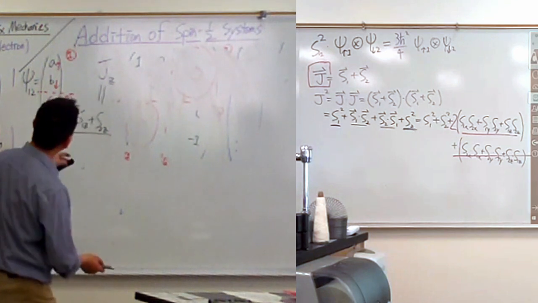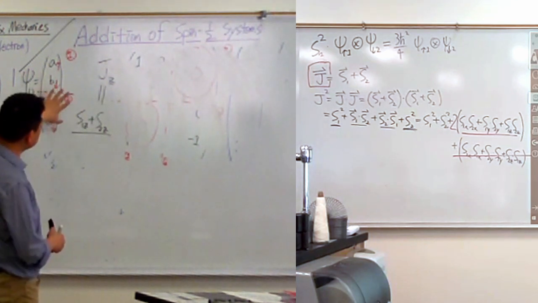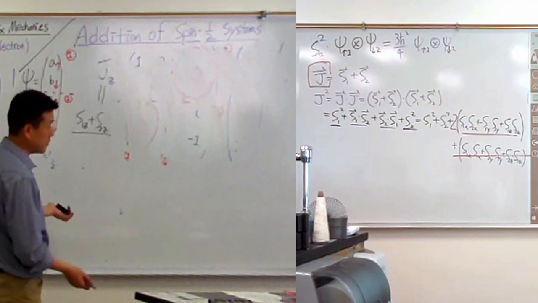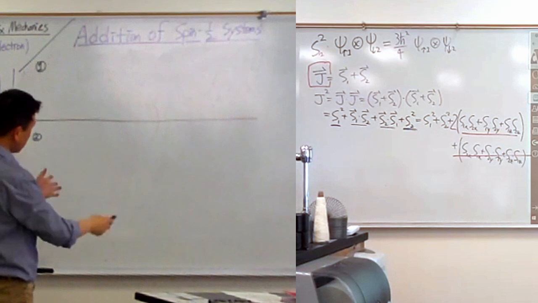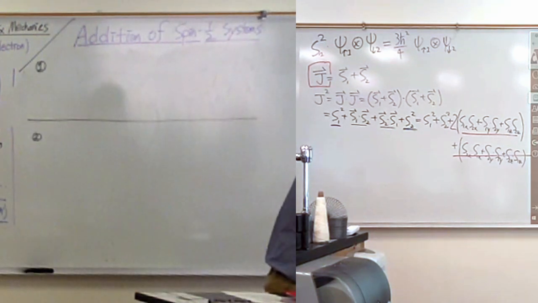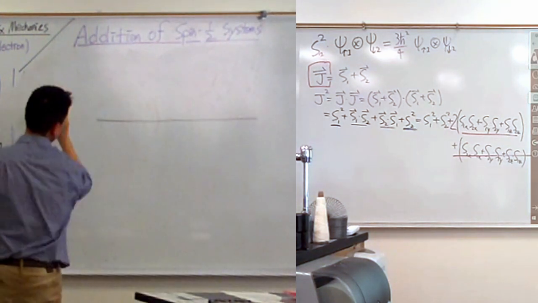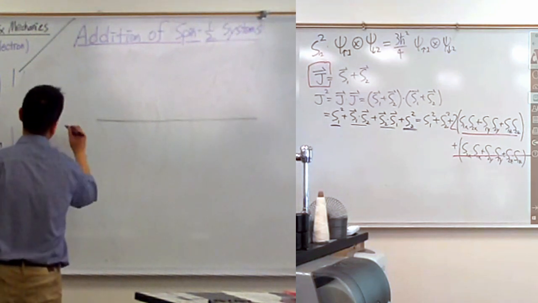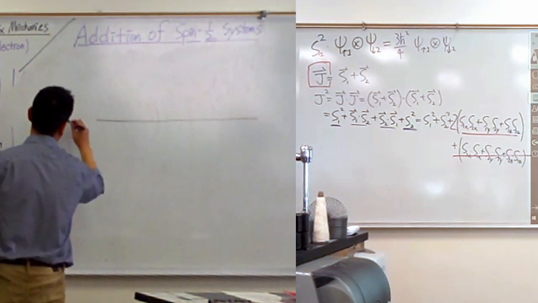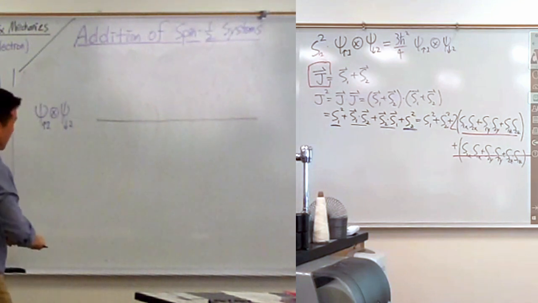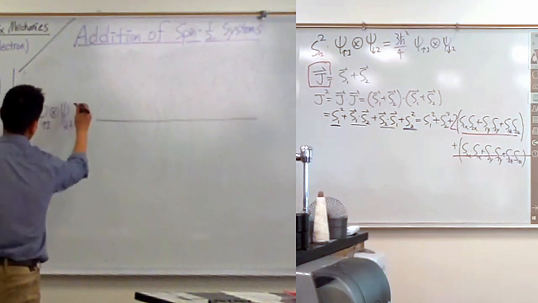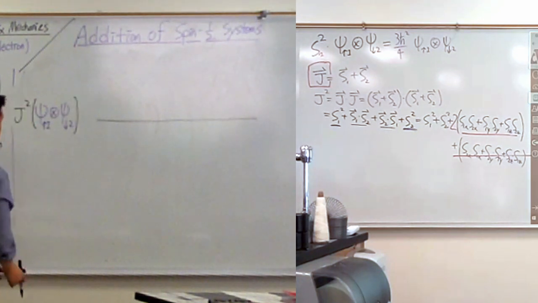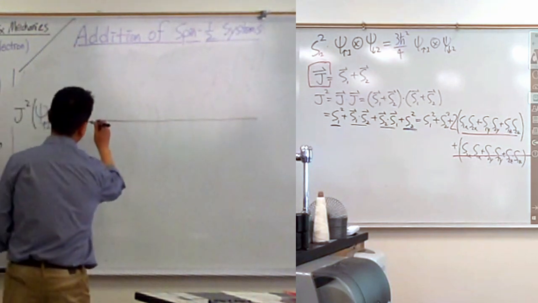I'm going to do a version of this, except I'm not going to do the 4x4 matrix, because apparently when you do that, you are messing up something so it doesn't work. So this is what I want to calculate and see if it's true. If I have this state, psi spin up 1, product space with psi spin down 2, is it true that if I act on this with the J squared operator, I get 0? Let's try out the calculation and see.